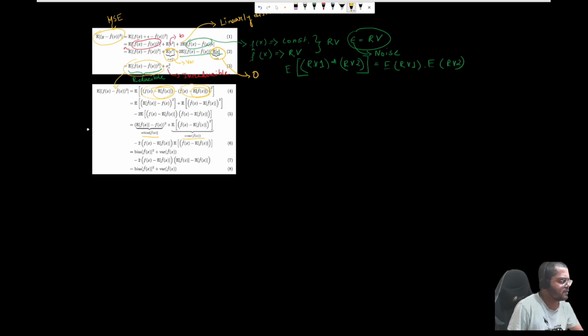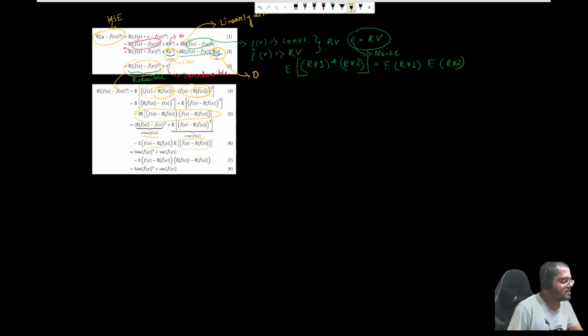But what about this term? Now I'll talk about this: 2 multiplied by the expectation of a and b. This is my a term, this is my b term. Now, if you see carefully, I have not written the E term, so this works as a constant.